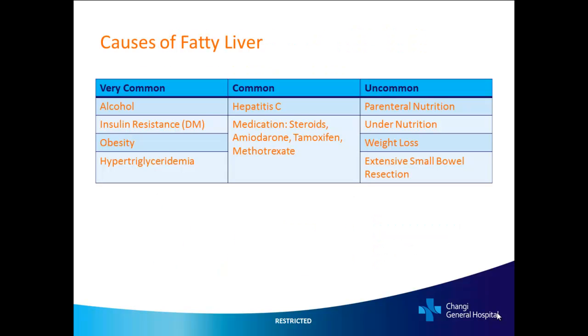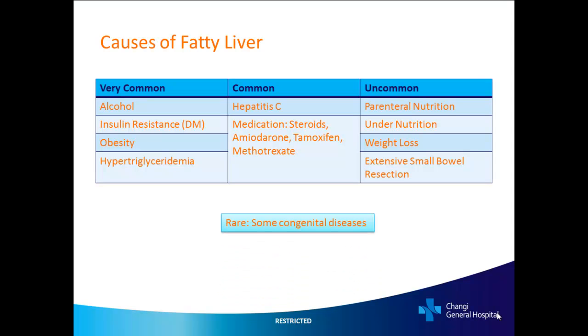Fatty liver itself may be due to a specific cause like alcohol, or it can be associated with insulin resistance, obesity, hypertriglyceridemia, even specific disease states like hepatitis C. Medications such as imidazole and steroids can also predispose to excessive fat in the liver.